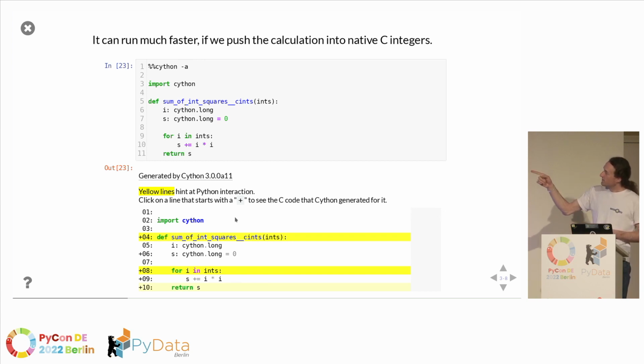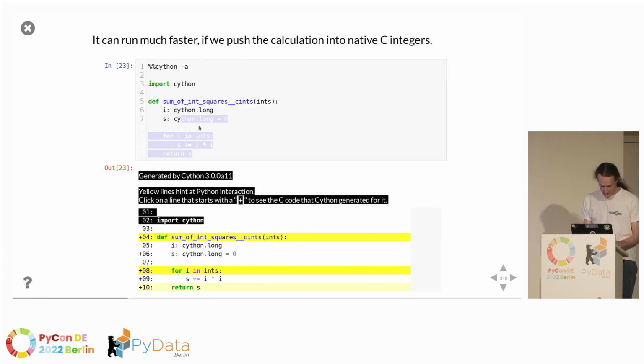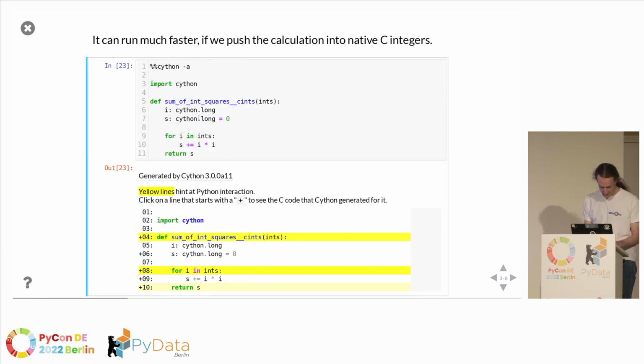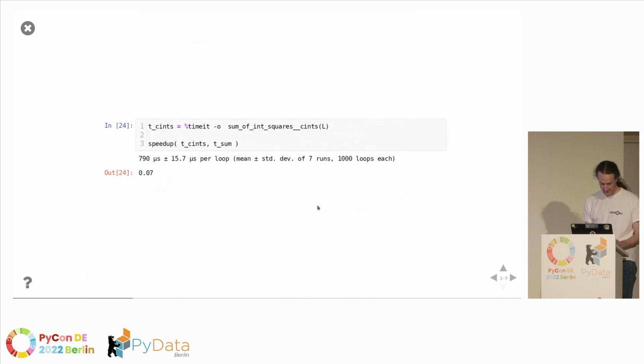So let's use C longs. All I'm doing here is adding 2 lines for declaring the data types of i and s. And now we can see that the whole thing runs in 790 microseconds. So that's less than 1 millisecond.